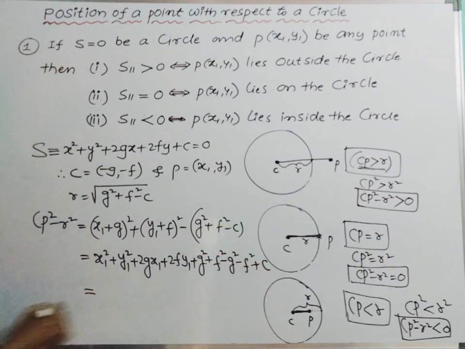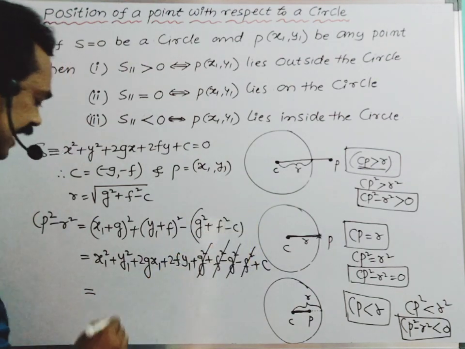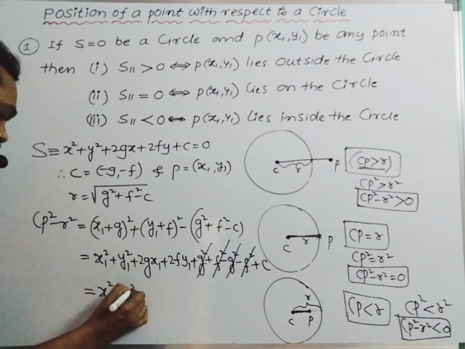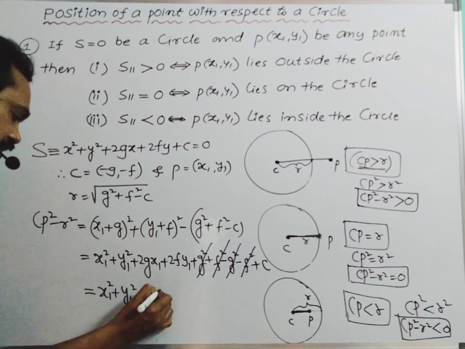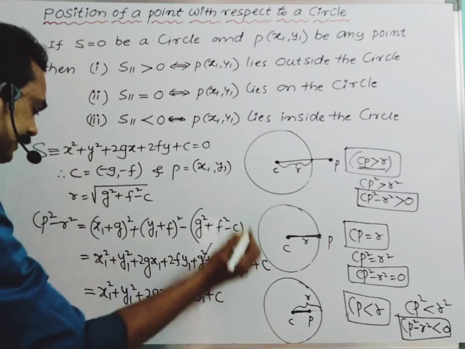The g square and f square terms cancel. Here it remains x1 square plus y1 square plus 2gx1 plus 2fy1 plus c.